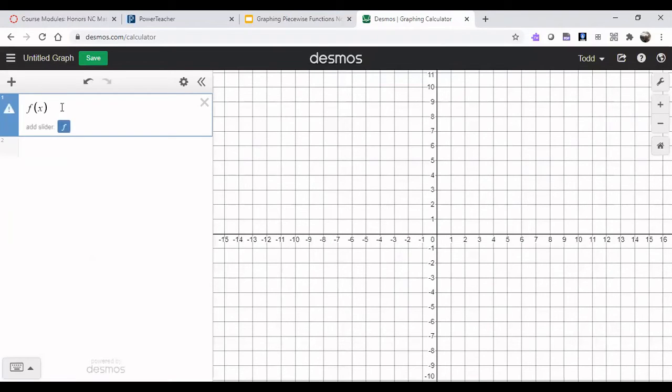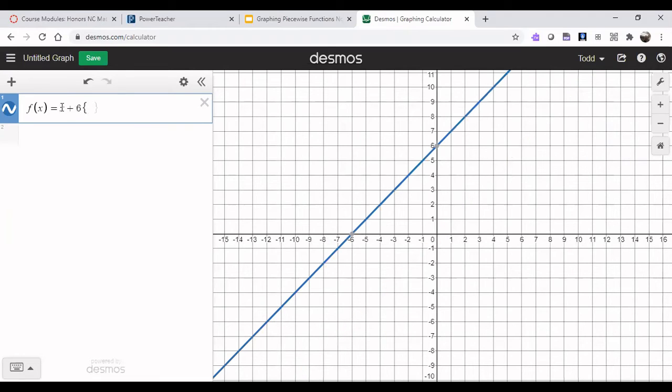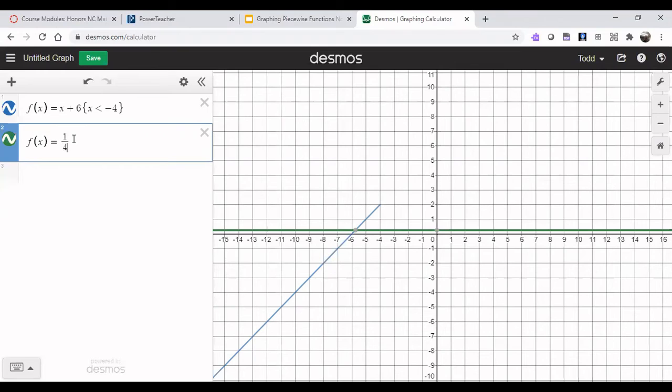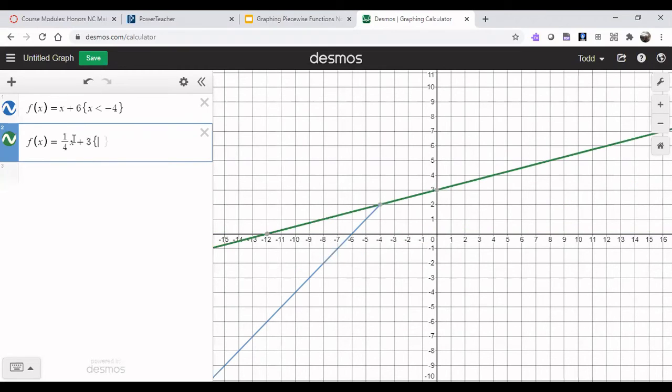f of x equals x plus 6, curly bracket, x is less than -4, curly bracket. f of x equals 1/4 x plus 3 from -4 less than or equal to x less than 4.